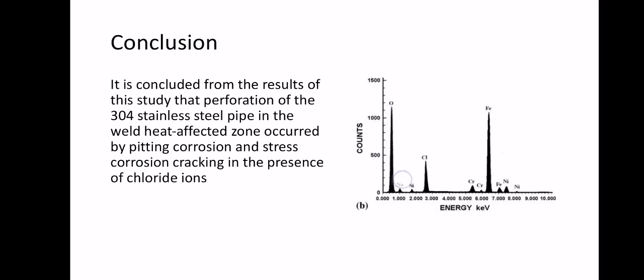This picture is different from the one before. This is the corrosion product composition. We see we have iron and we have oxygen, so we have iron oxide. This is corrosion.